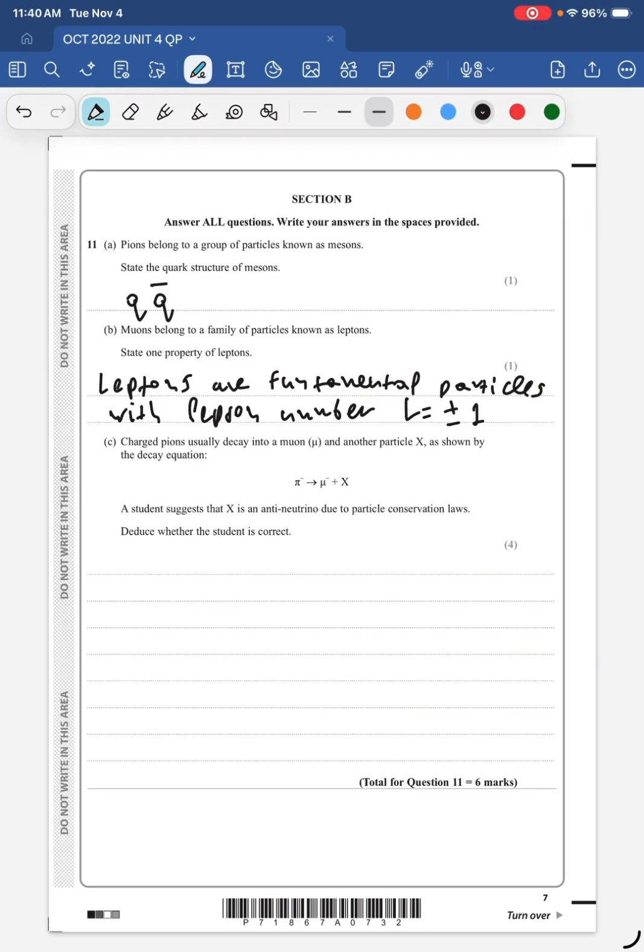Question C. Charged pions usually decay into a muon and another particle X, as shown by the decay equation. A student suggests that X is an antineutrino due to particle conservation laws. Deduce whether the student is correct. Okay, so when you have a negative pion decaying into a muon plus another particle, first of all, we have a conservation of baryon number because we go from a baryon number of 0 to 0, because no baryons are involved, okay? So let's investigate the conservation of lepton number.